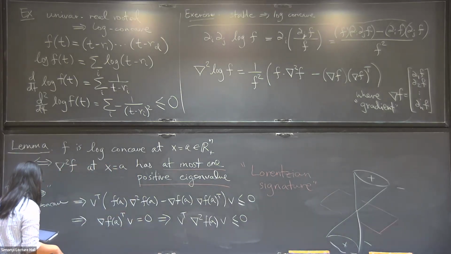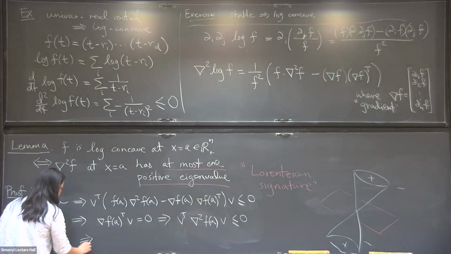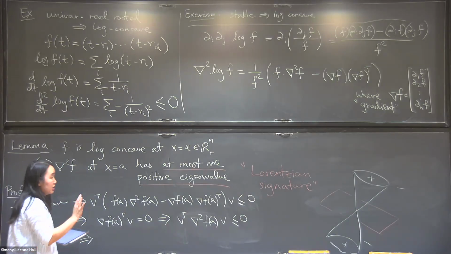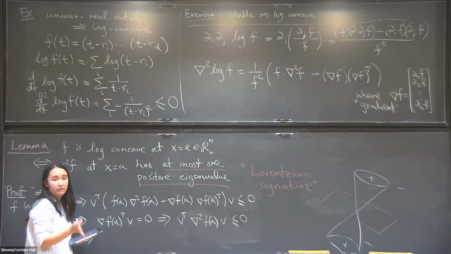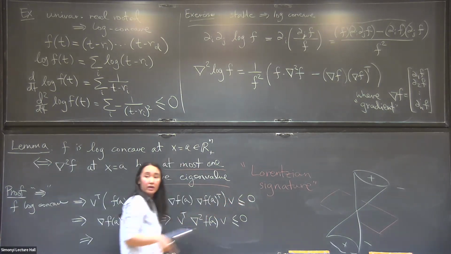And so this actually implies that if you look at the span of all the positive eigenvectors, the span of positive eigenvectors cannot meet the hyperplane.